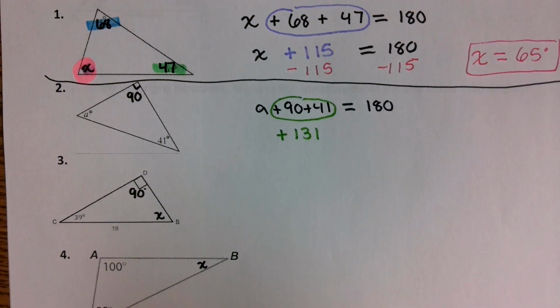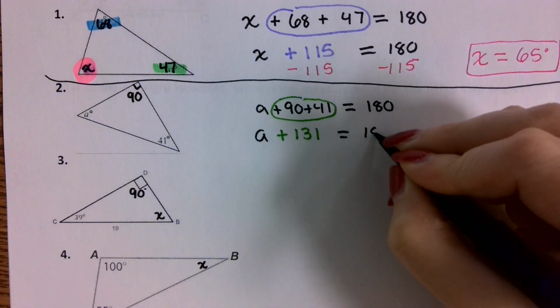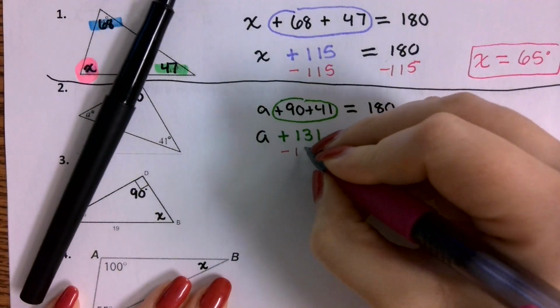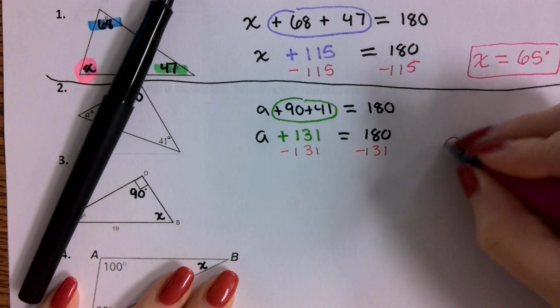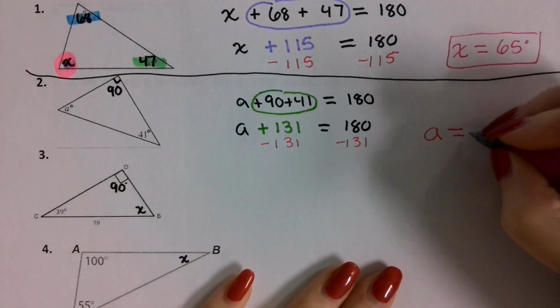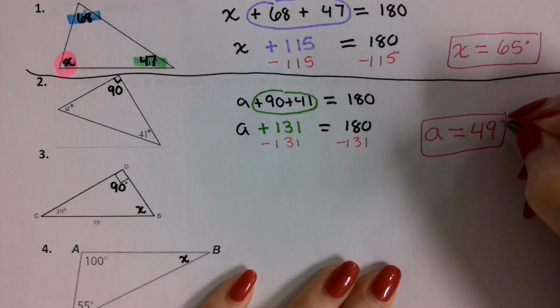So we now have the equation A plus 131 is equal to 180. Our last step is to subtract 131 from both sides. And what do we get for our value of A? 49. So we get 49 degrees for our value of A.